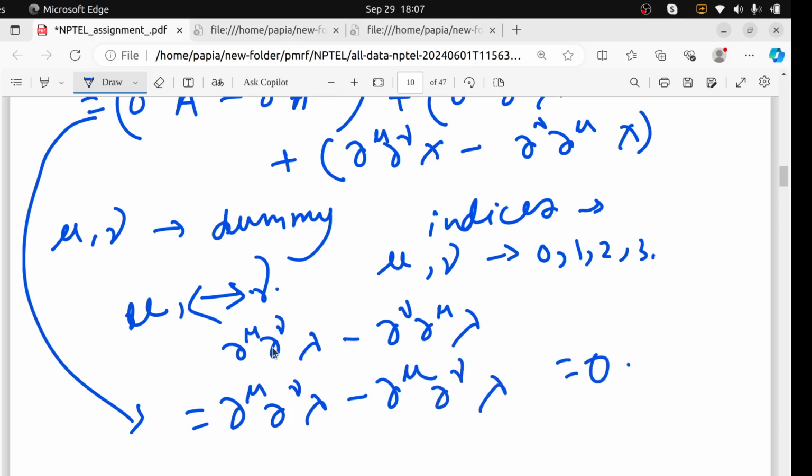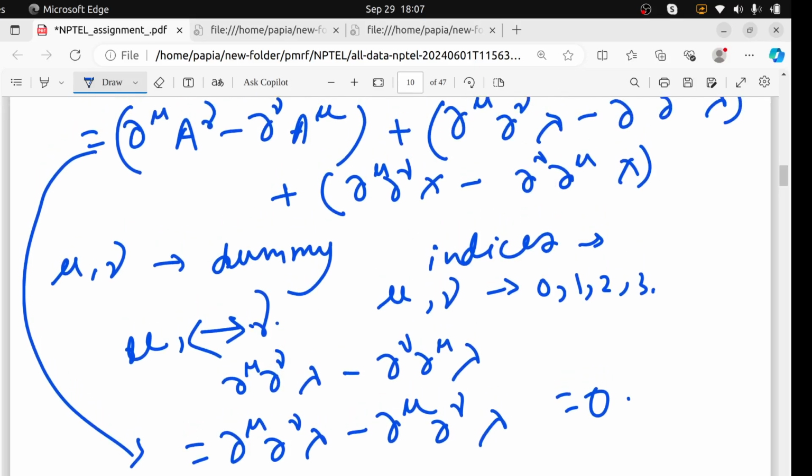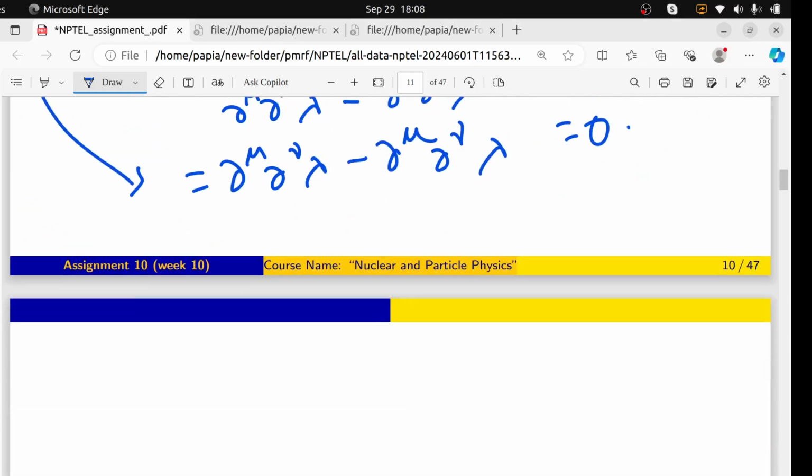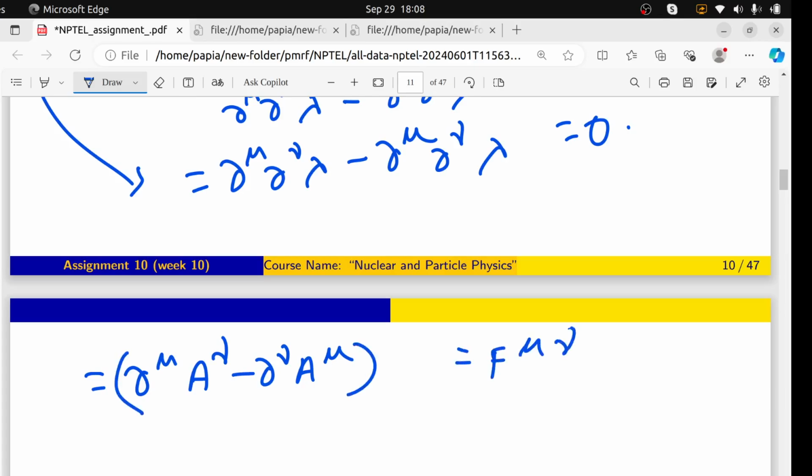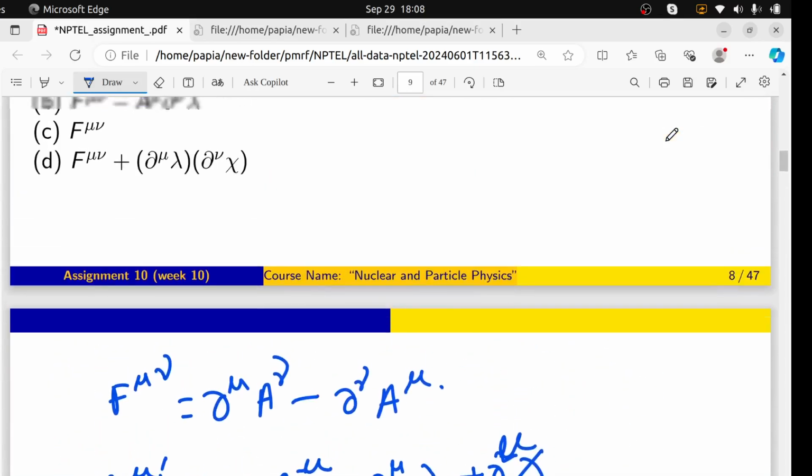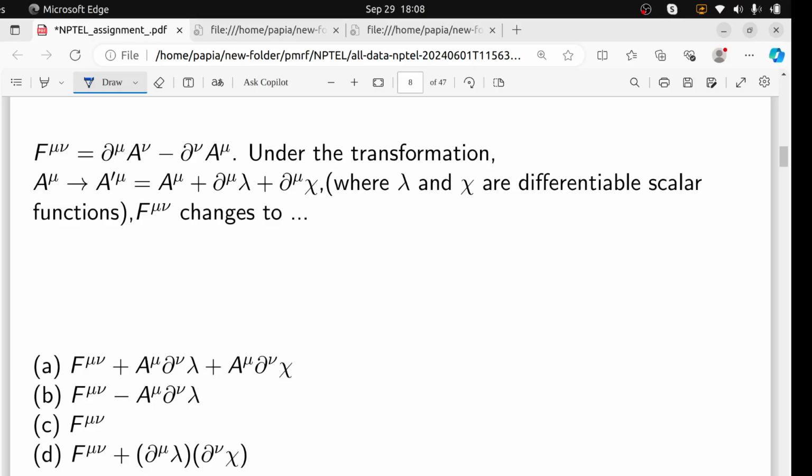Similarly for chi also, del mu del nu chi minus del nu del mu chi gives 0. So we are left with only this term, del mu A nu minus del nu A mu. This is nothing but F mu nu again. So the answer is that under the transformation, F mu nu changes to F mu nu again.